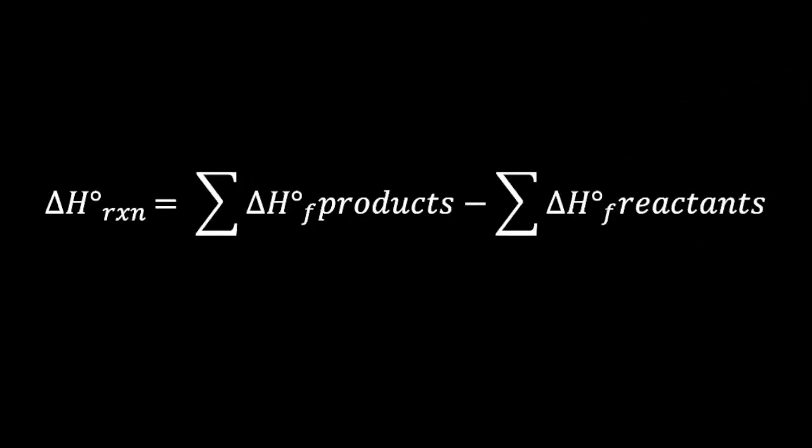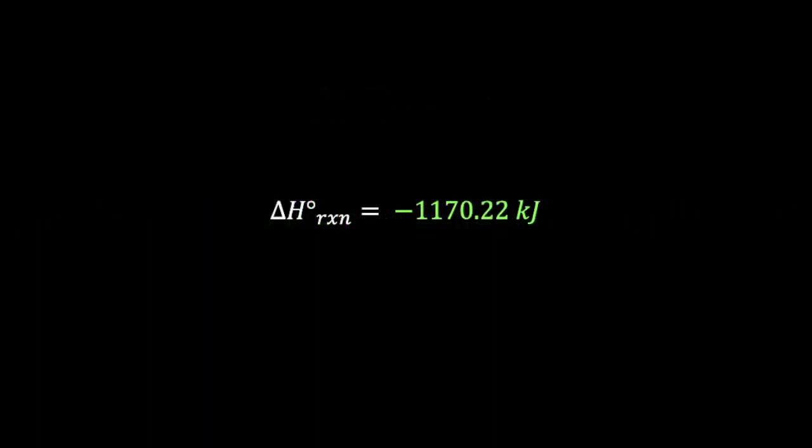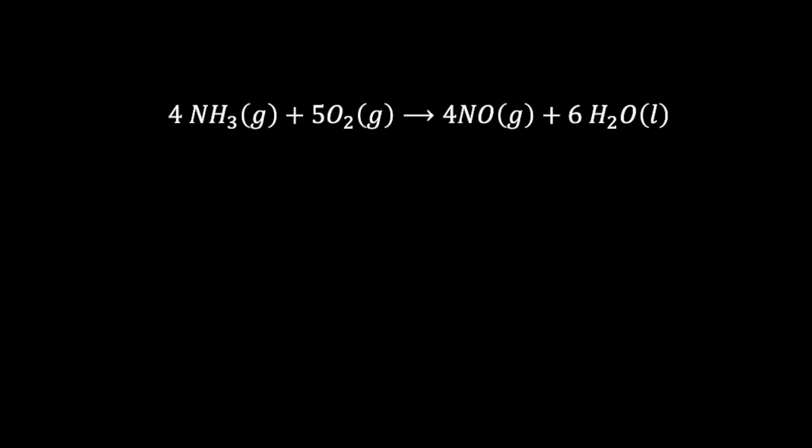This equation states that the enthalpy of reaction is going to be the sum of the heat of formation of the products minus the sum of the heat of formation of the reactants. We're going to plug in our numbers and solve, and we get negative 1170.22 kilojoules.